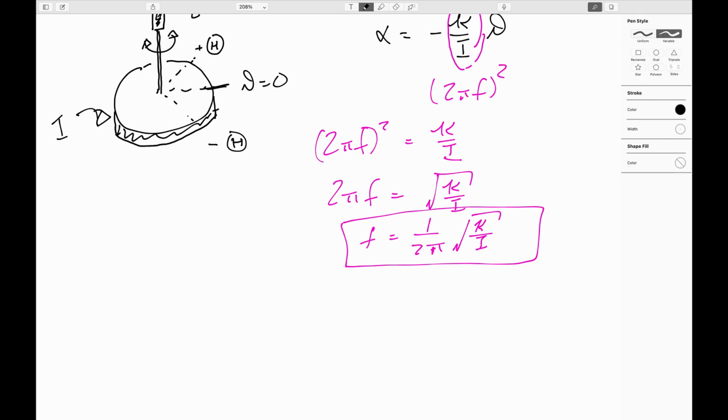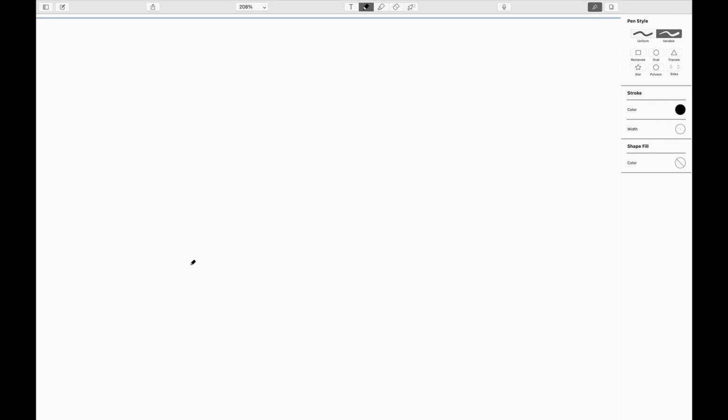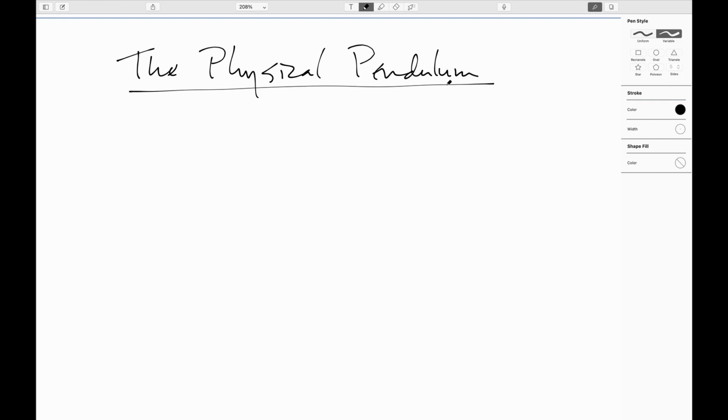So, as an example here, let's say you've got yourself some sort of shmoo-shaped object here.